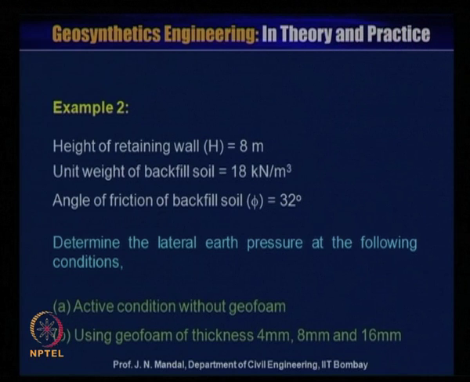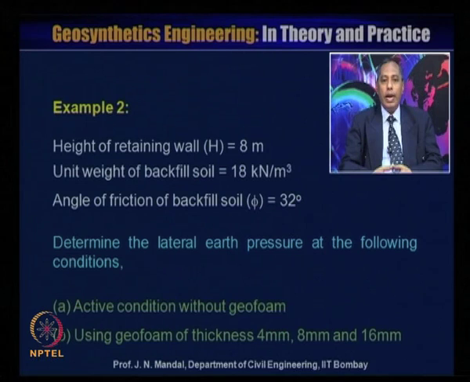Now, I will explain one example. Let us say the height of the retaining wall H is equal to 8 meter. The unit weight of backfill soil is equal to 18 kilonewton per meter cube. The angle of friction of backfill soil phi is equal to 32 degree.